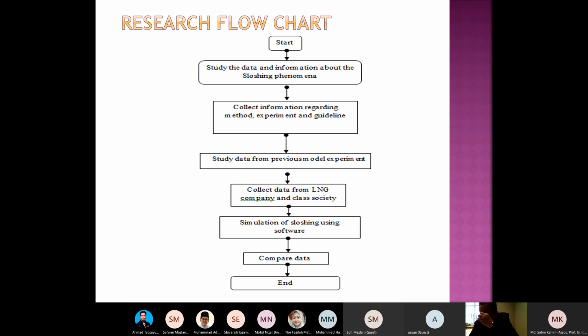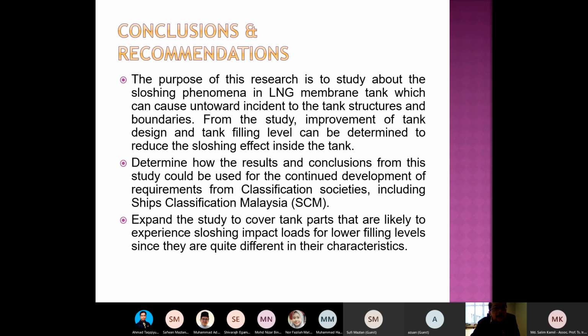From the data, we collect the information on the method, study previous experiments, and collect data from the LNG company, in this case MIC, and then simulate sloshing using software and compare data. So this is the flow of the research.